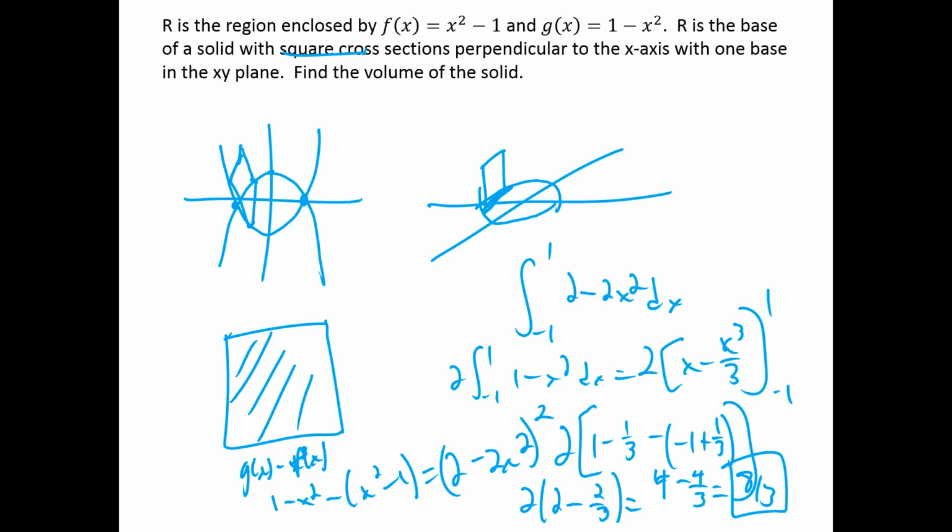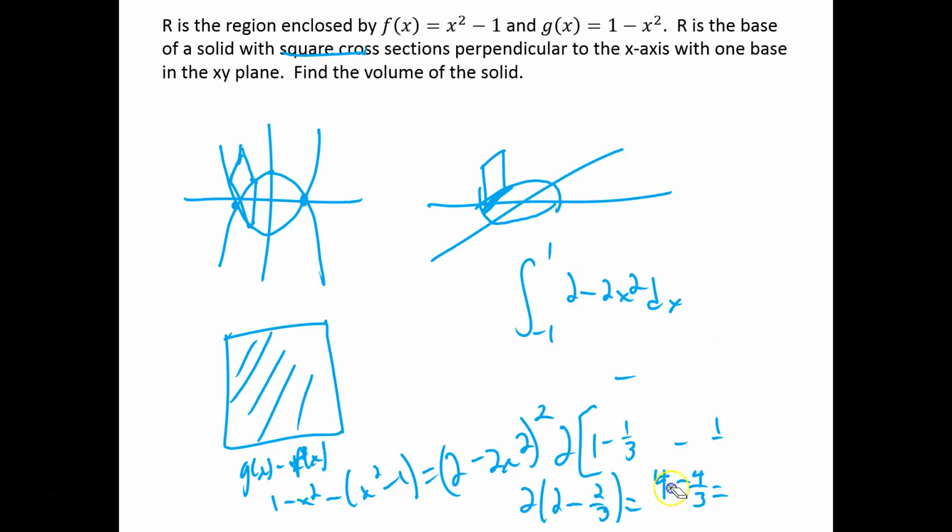Why not? You can skip this part if you want to, but I'm going to go back and redo this integral here. So the area is going to have this squared.